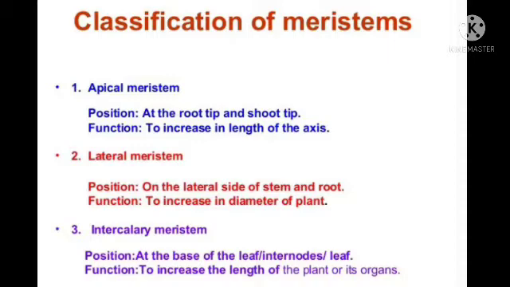Lateral meristem: its position is on the lateral side of stem and root. Function: to increase the diameter of the plant. Intercalary meristem: position is at the base of the leaf or internodes. Function: to increase the length of the plant or its organs.